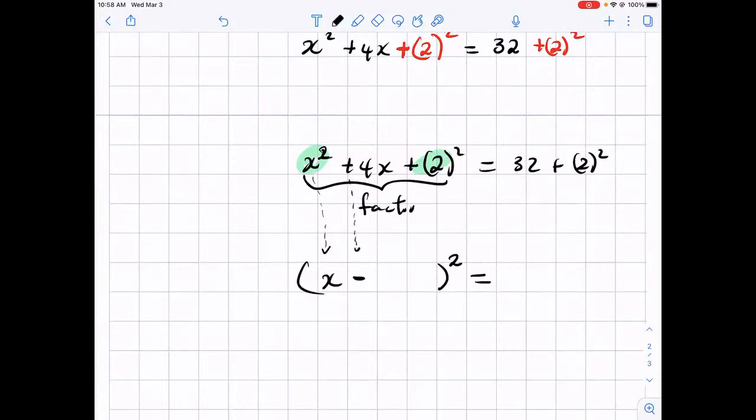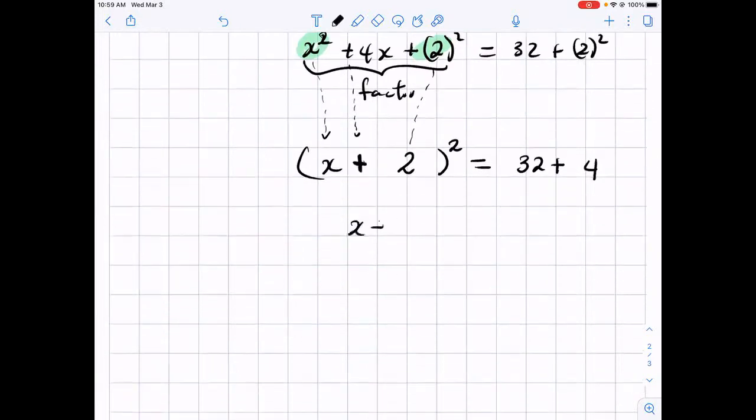So if that was a minus, this would have been a minus. Since it's a plus, I put a plus. And then the next term of the square is a 2. And you will see if you expand this and do it, it will work out for you. Okay. And then on the right side, we have 32 plus 4. So we have x plus 2, quantity squared is equal to 36 now.